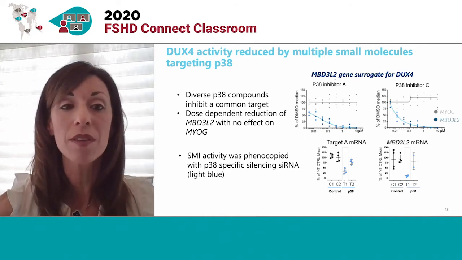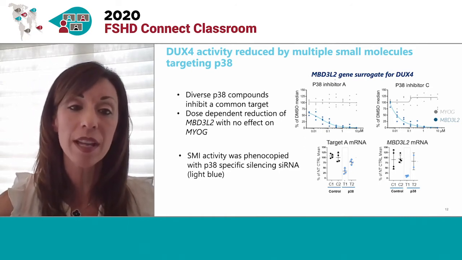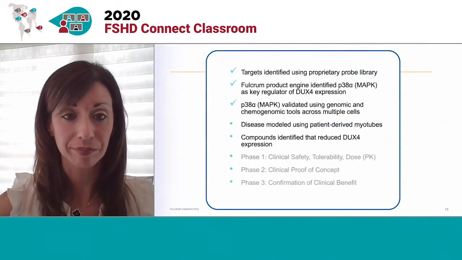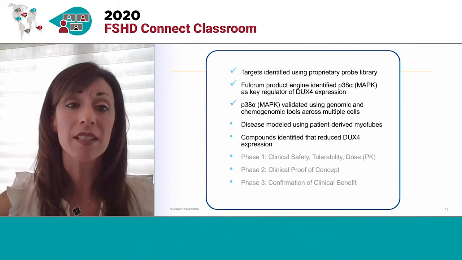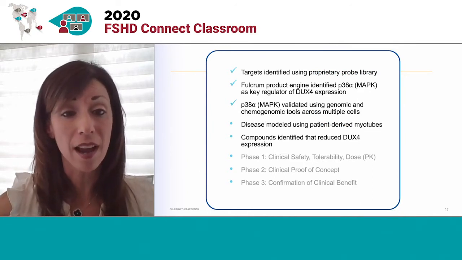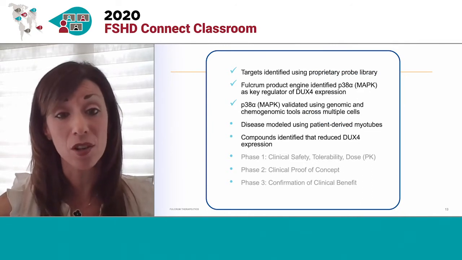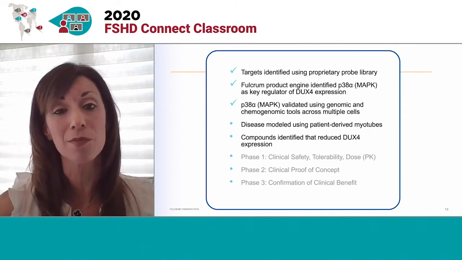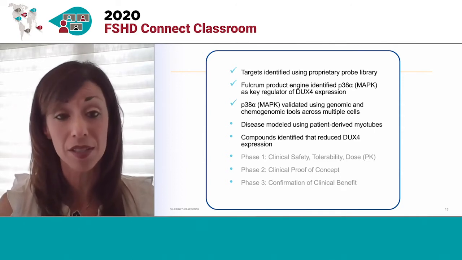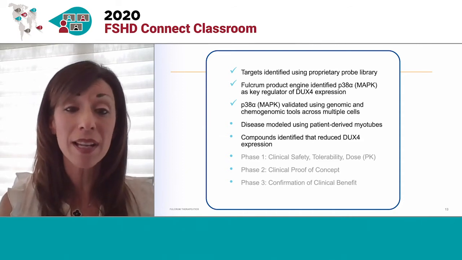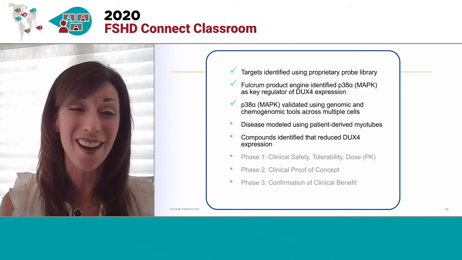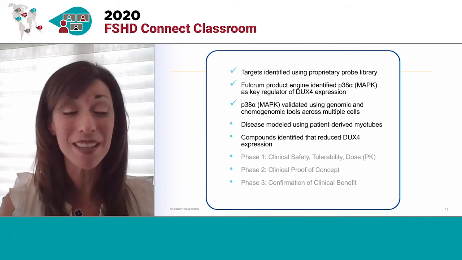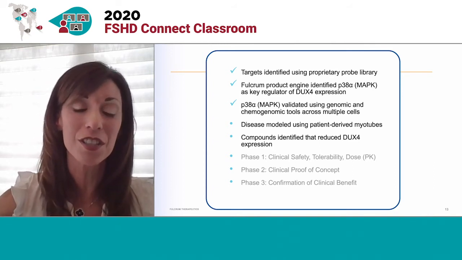So we can be sure that P38 does play a role in the DUX4 pathway. So now that we've identified our target, which is P38 alpha, and validated this target, we need to model the disease using patient-derived myotubes or muscle cells, and also evaluate compounds that could potentially work through P38 alpha or inhibit P38 alpha to reduce the DUX4 expression.